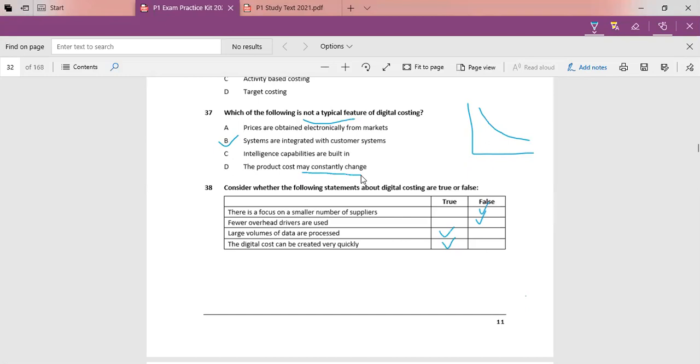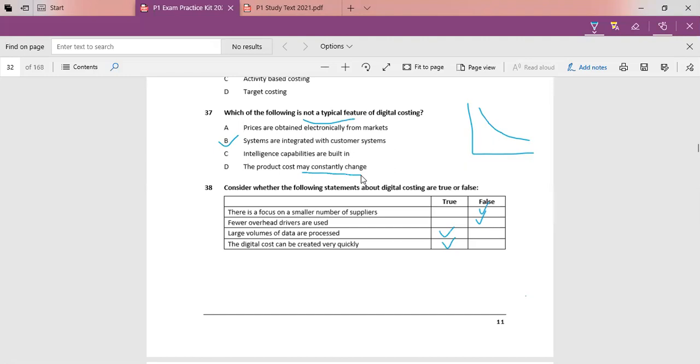How they deliver the product is when they are connected, but that's not a part of the costing. The costs are about the target cost. Target cost is achieved by taking the selling price from the market, deducting the desired profit margin, and arriving at the cost. So it is dealing with the target cost.